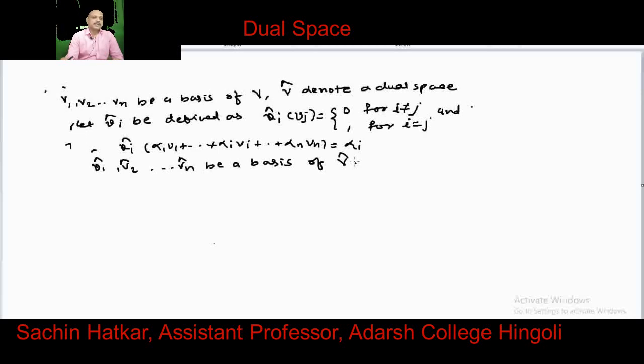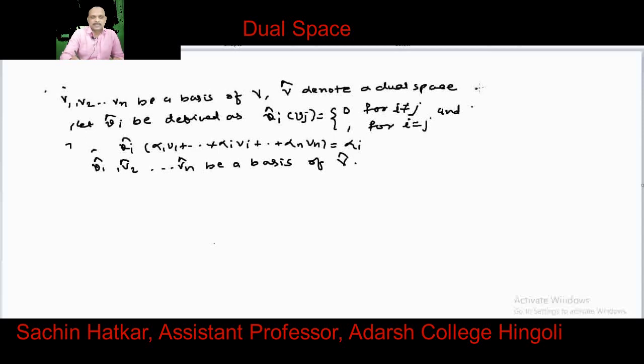And when we operate this Vi cap on the linear combination with scalars alpha 1, alpha 2, ..., alpha n, we get a scalar quantity alpha i. Then this set V1 cap, V2 cap, ..., Vn cap is a basis of the dual space V cap.